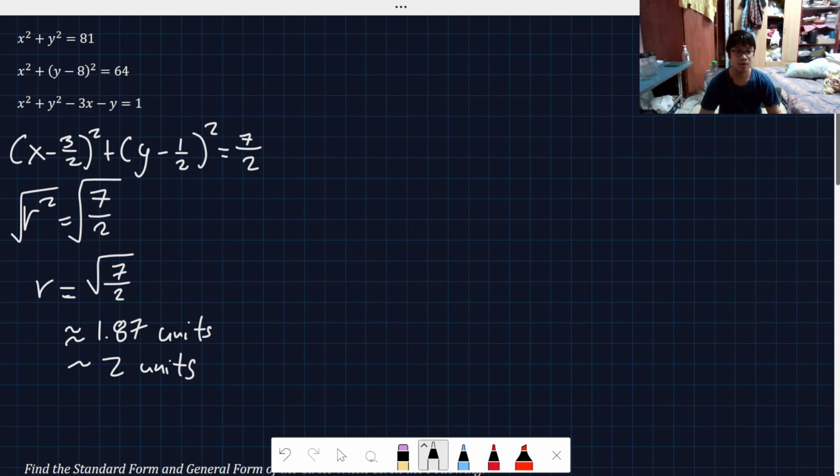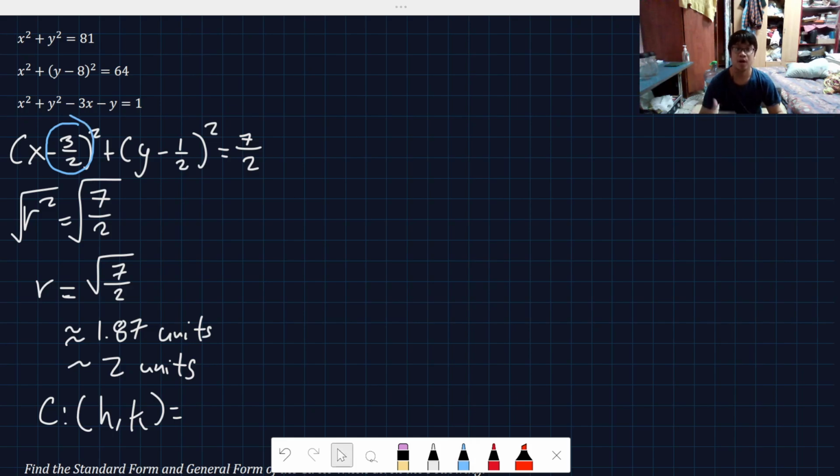All right. Now for your center, you'll have your h and k. What is your h? Here, your h is basically the constant beside your x, which is negative 3 halves, but we change the sign. So it's positive 3 halves.